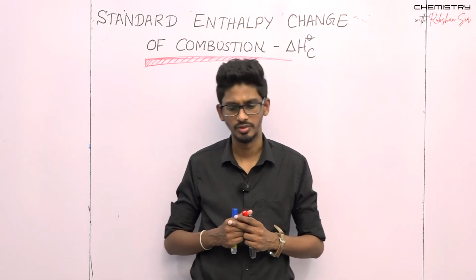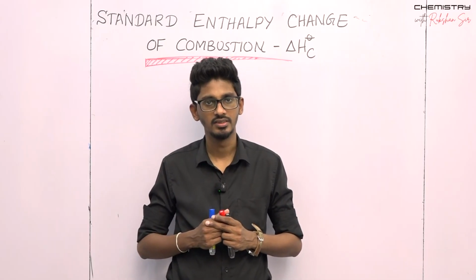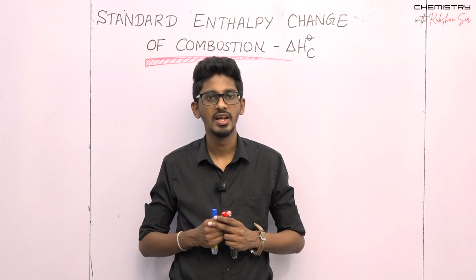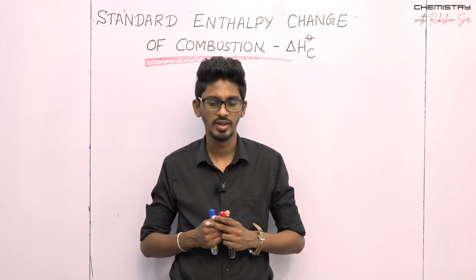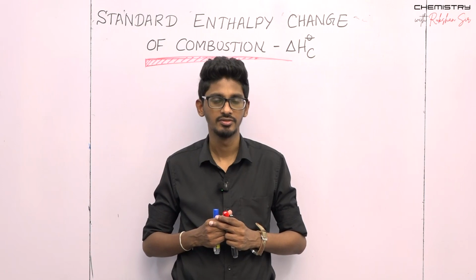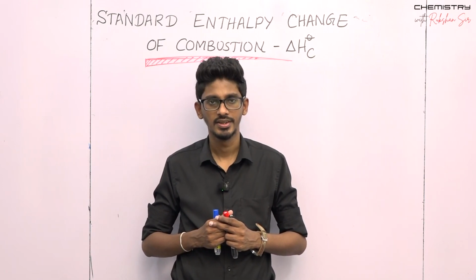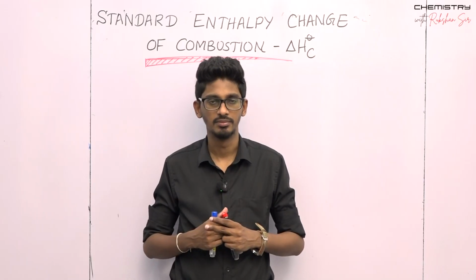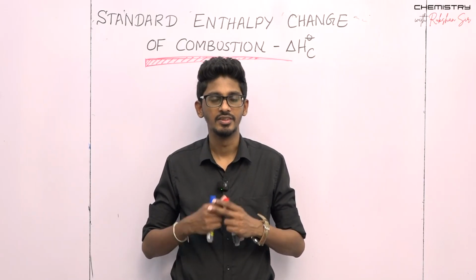First, where the 1 mole stands. So underline or highlight this phrase, 1 mole of an element / compound. That is where the 1 mole should stand, with the respective compound or element which we are trying to combust.